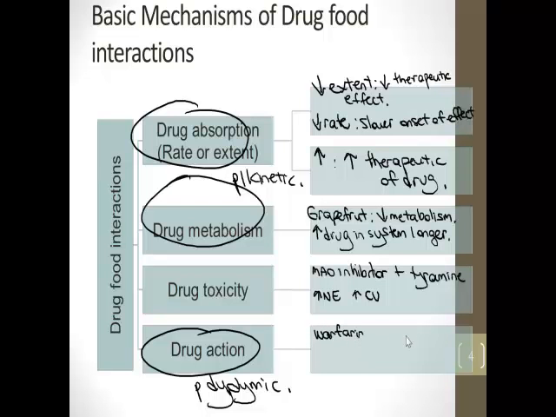The way warfarin works is it inhibits those clotting factors that contain vitamin K. So if a person is on warfarin and eats vitamin K rich foods like broccoli, it will decrease the effects of warfarin, because the vitamin K rich food allows more vitamin K containing clotting factors to be made, and that undermines the effects of warfarin.